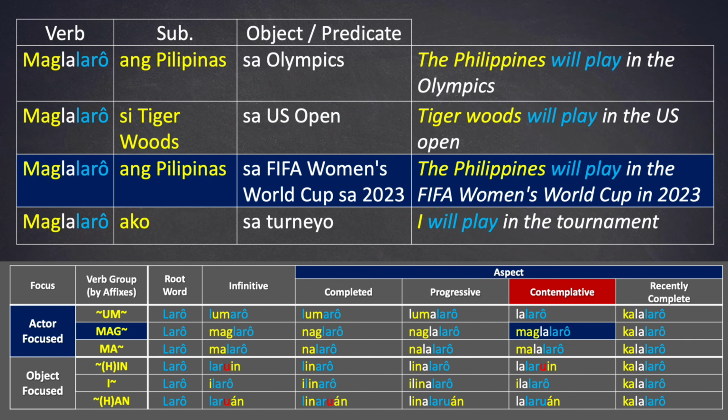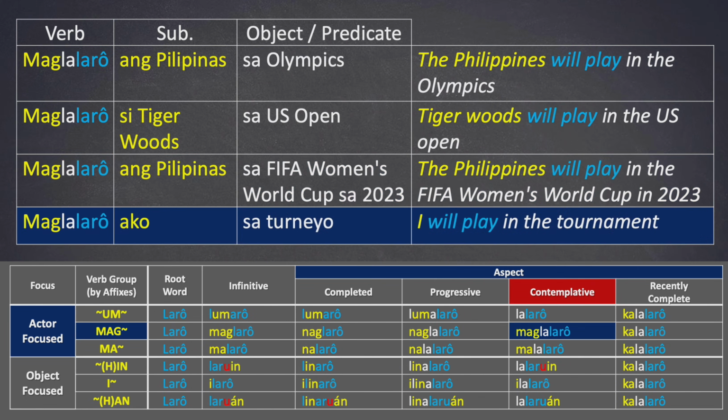Maglalaro ang Pilipinas sa FIFA Women's World Cup sa 2023. The Philippines will play in the FIFA Women's World Cup in 2023. Maglalaro ako sa torneo. I will play in the tournament.